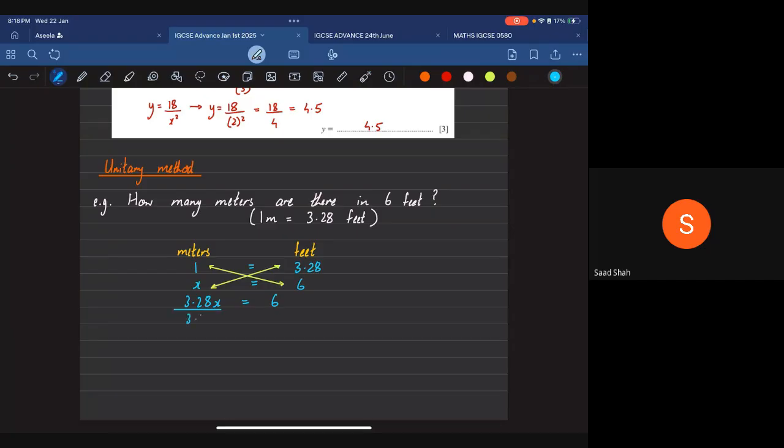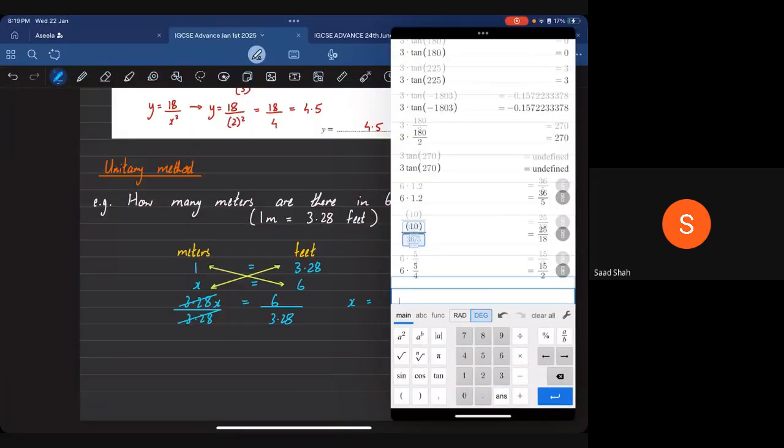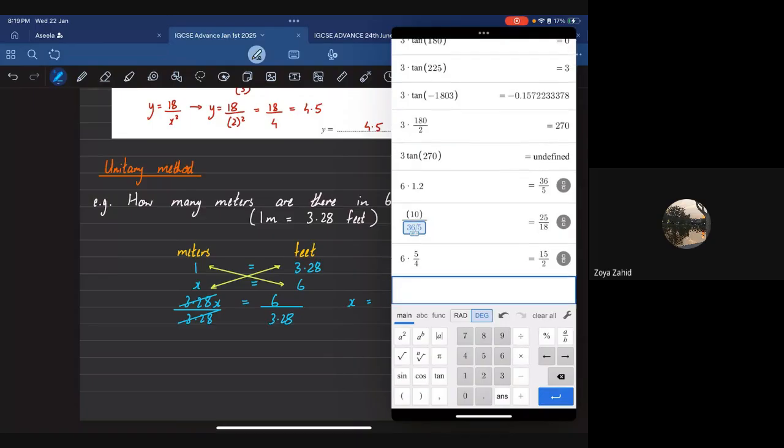You do your revision and further simplification, and that is going to give you x is equal to, could someone be so kind as to calculate an answer for this? Otherwise, I'll have to. So, 1.83.